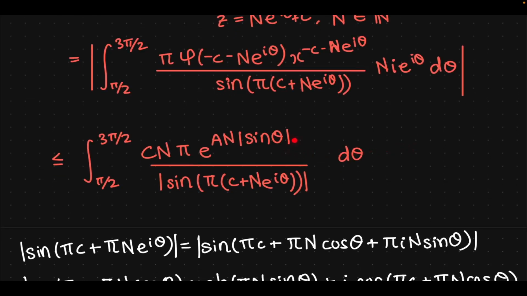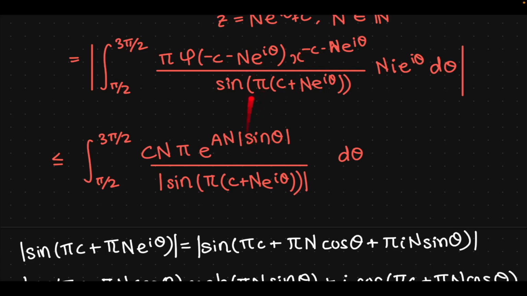And then we can use the triangle inequality for this integral to get the integral from pi over 2 to 3 pi over 2 of C times capital N times pi times, now using the growth condition, e to the a N absolute value of sine theta. With the growth condition, the pi part cancels out.